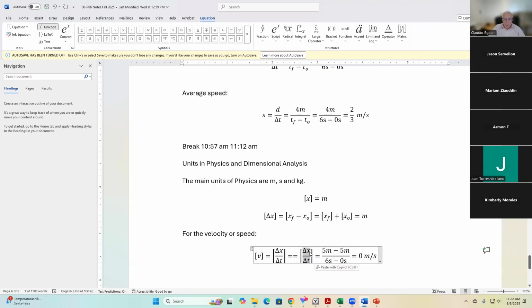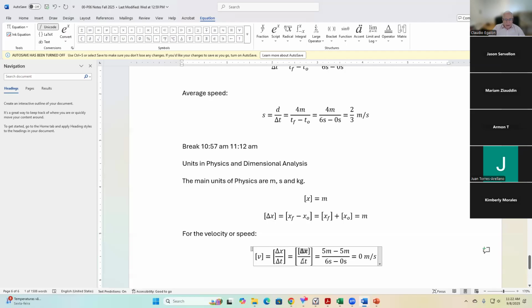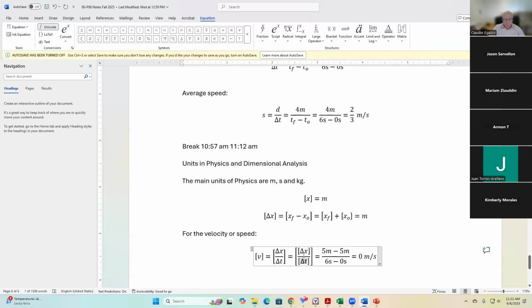Unit of delta x over the unit of delta t. That's the distributive property that we are using here.